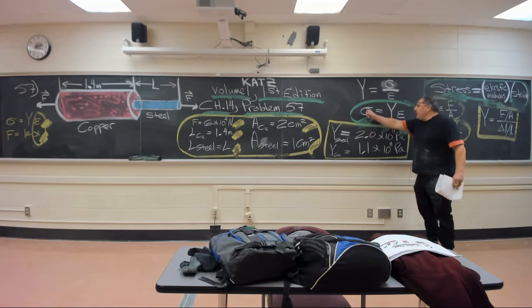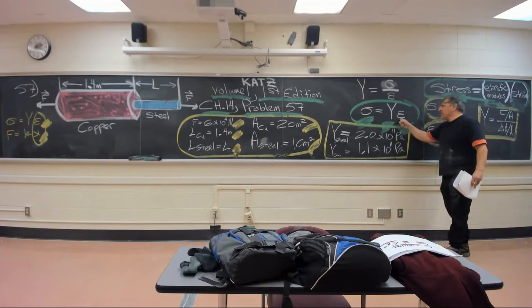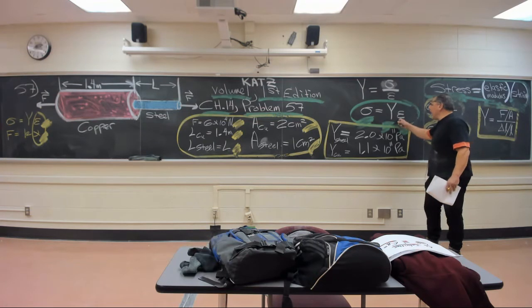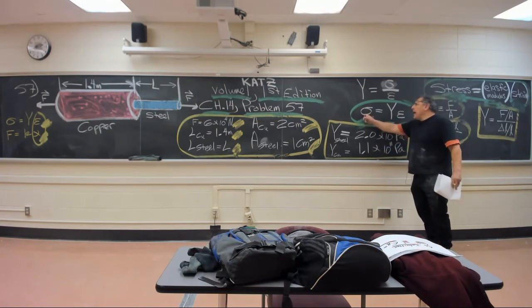The stress, force over area, is equal to a constant times the strain. Strain has elements of length associated with it because strain is delta L over L, and stress has elements of force associated with it because stress is force divided by area.